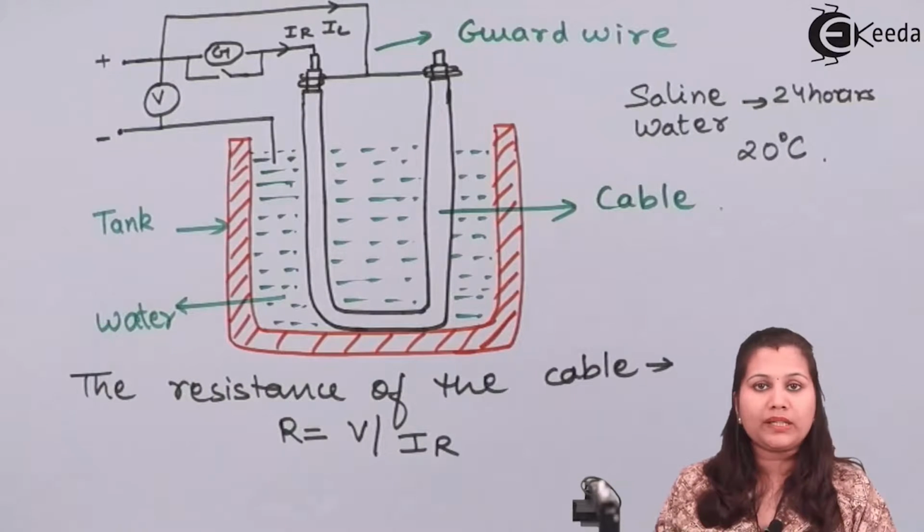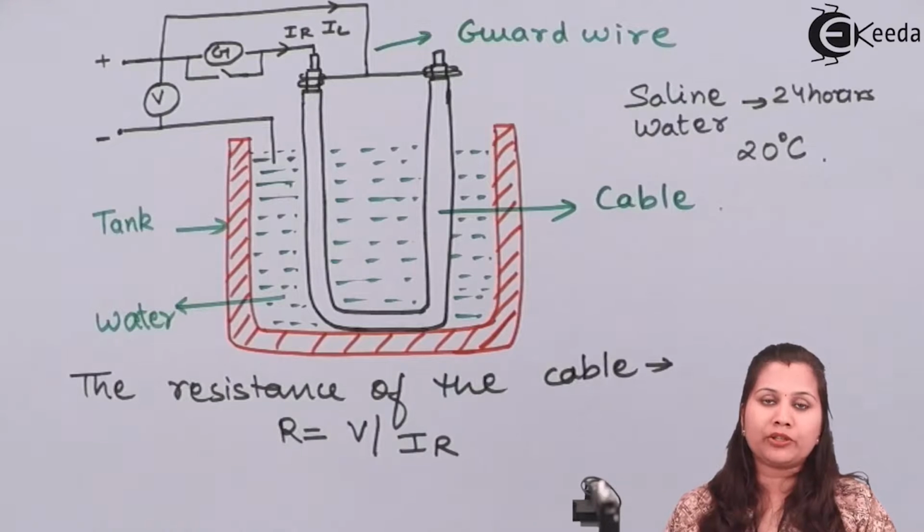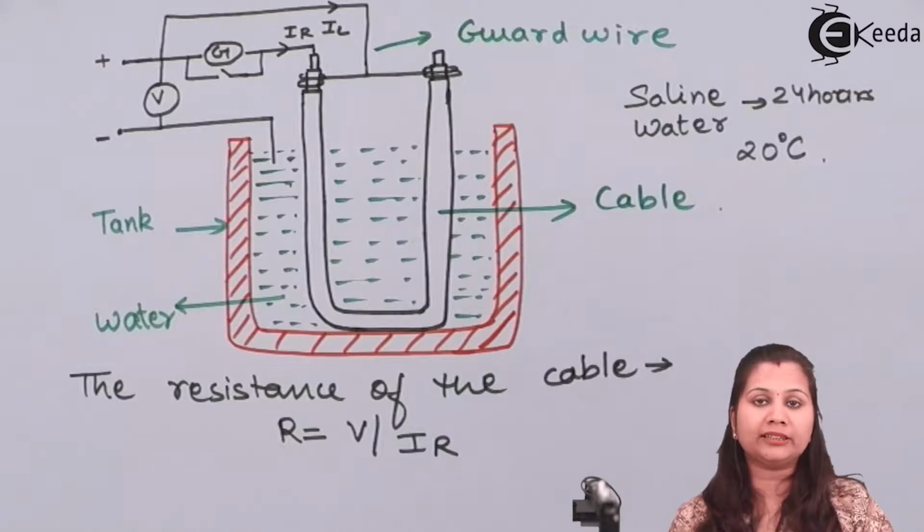So in this video we studied the direct deflection method, which is used for the measurement of high resistances which are greater than 100 kilo ohm or 0.1 mega ohm. We also studied some examples of high resistances. Then we saw the difficulties which are faced when measuring high resistances.